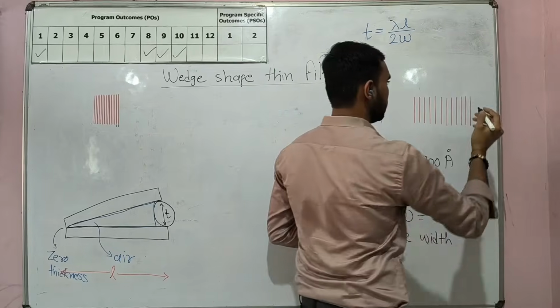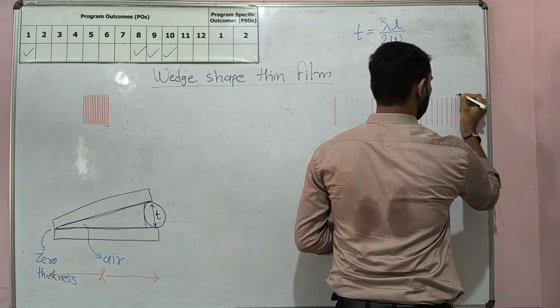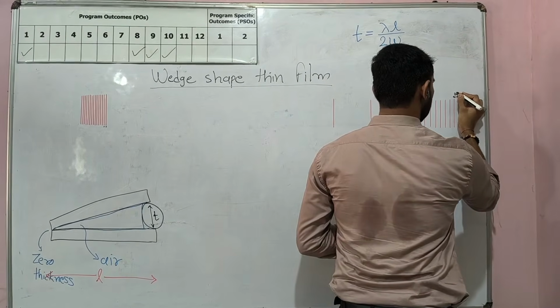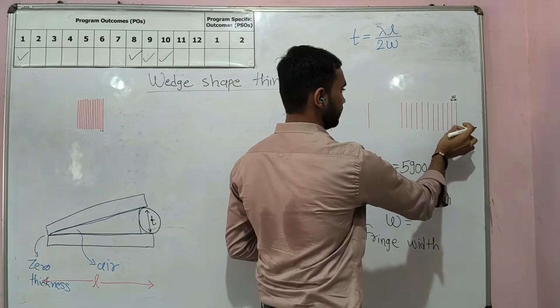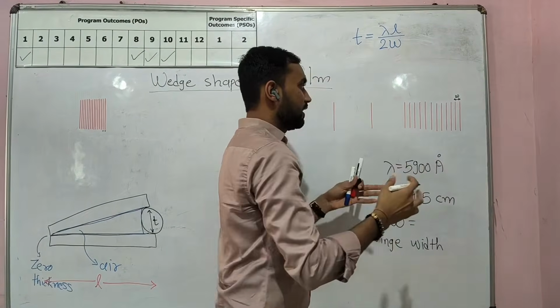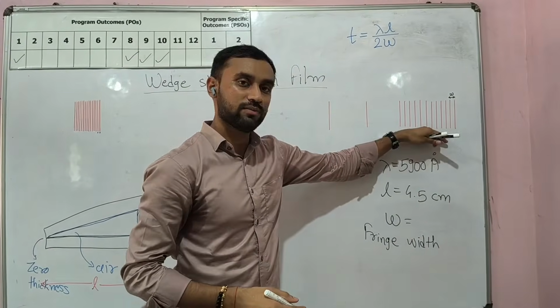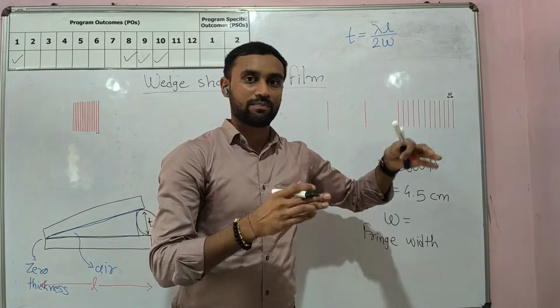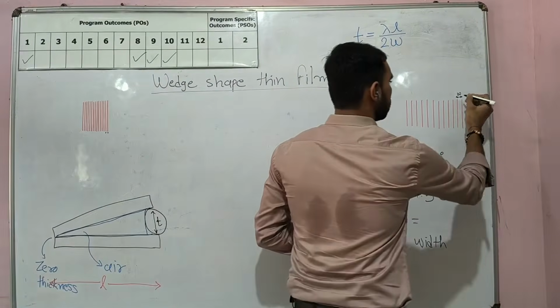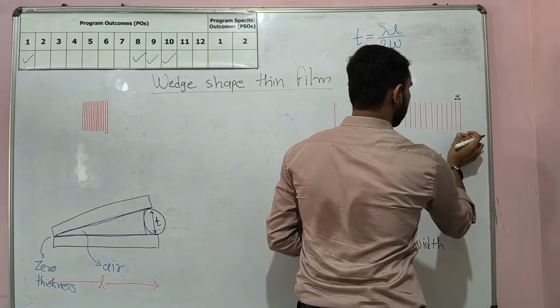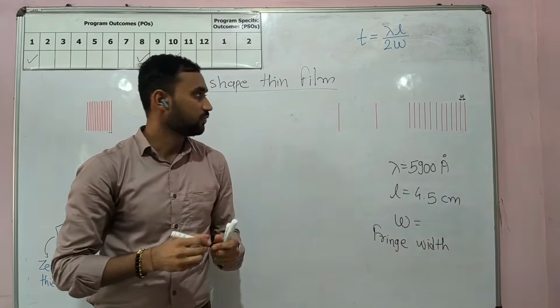Here, what is W? The spacing between two consecutive fringes. It is just a representation. That's why the bright fringes look thinner and the dark fringes larger. But when you see actual fringes, that won't be the case. Bright and dark will be evenly spaced.